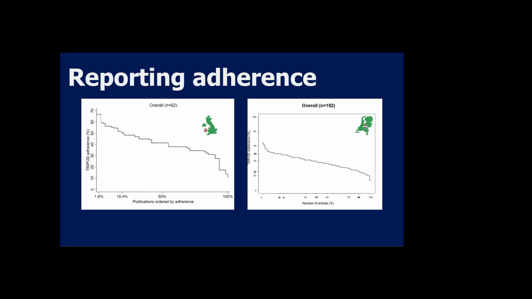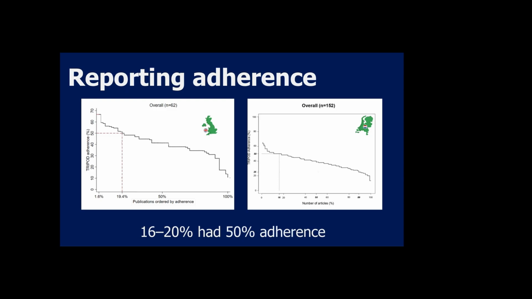What we did was order the publications by their adherence, and we looked at it in this step plot. Just going through these 2 plots, what we generally found was that at the 50% adherence mark, only between 16 and 20% across the 2 reviews had 50% adherence to TRIPOD, reporting at least 50% of the items in TRIPOD.